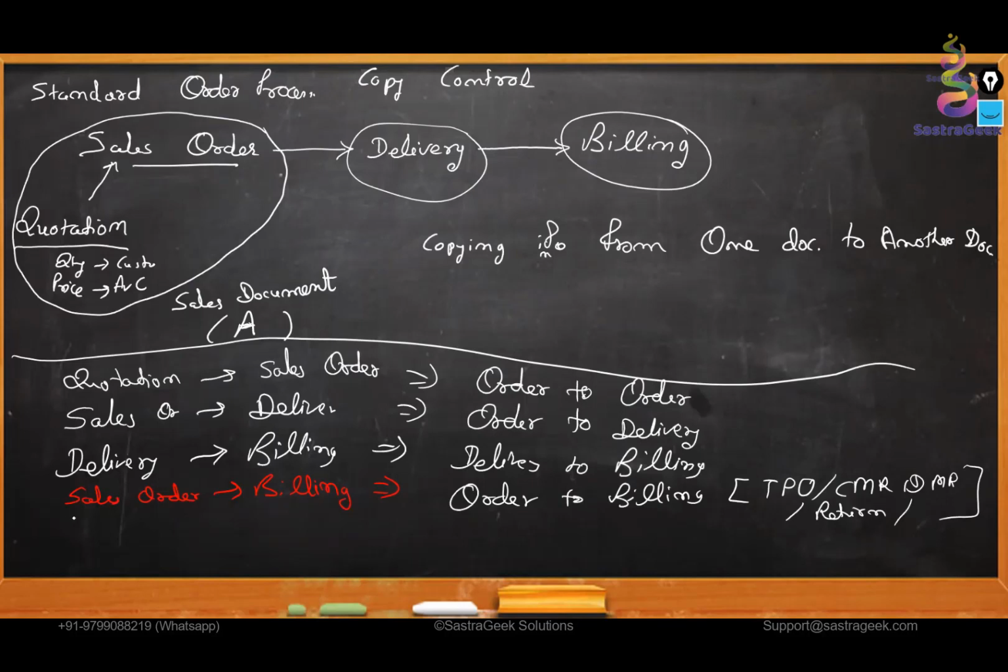Let's think of it the other way around. Billing to sales order. Which scenario will fall in this criteria, where you have to create a sales order from billing?